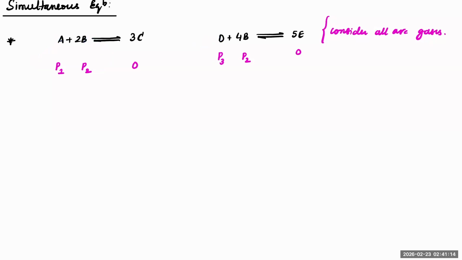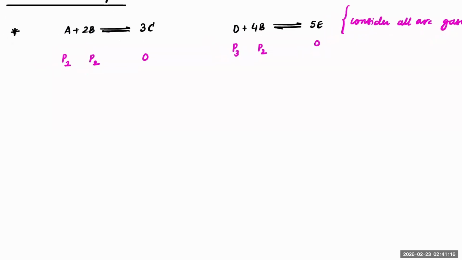In that case, how do we write the equilibrium for both of them? You see it this way. For P1, if there is X amount of pressure lost, then from P2 there must be 2X amount of pressure lost, and that should appear as 3X in the case of C. This is for Kp1, and this is for Kp2.